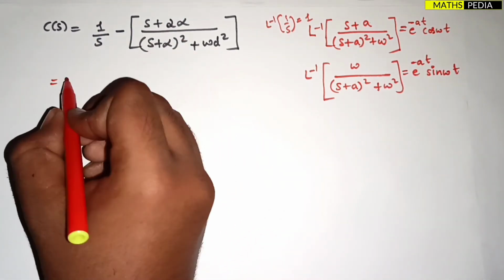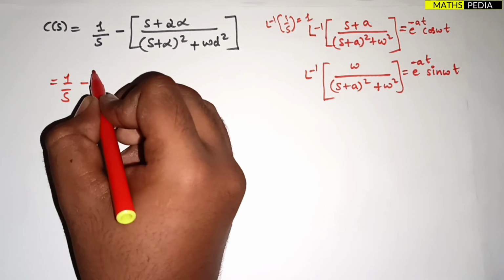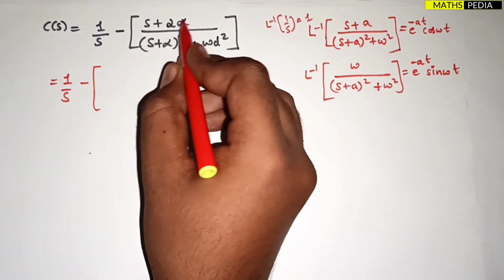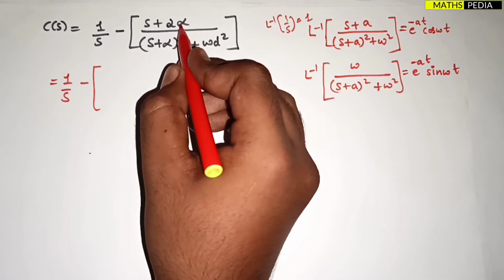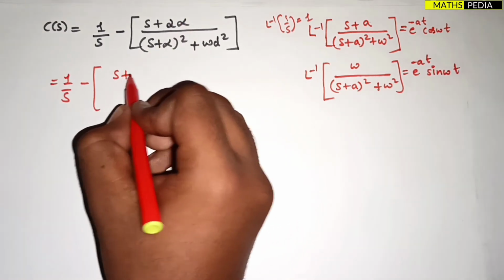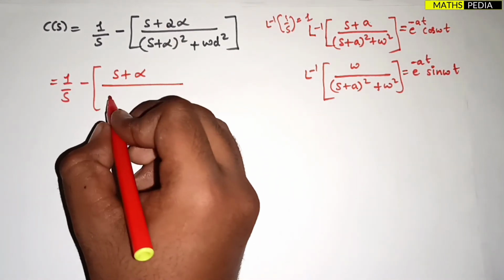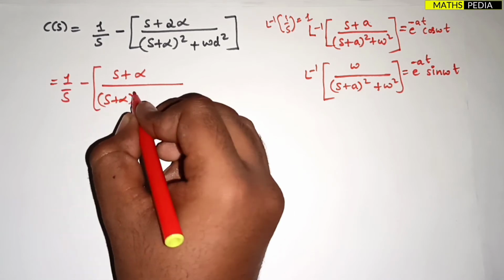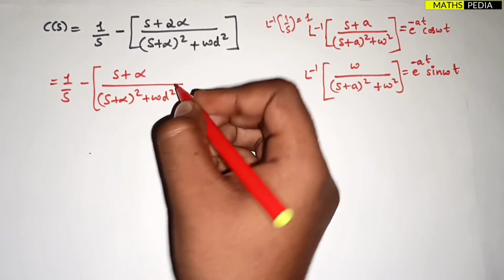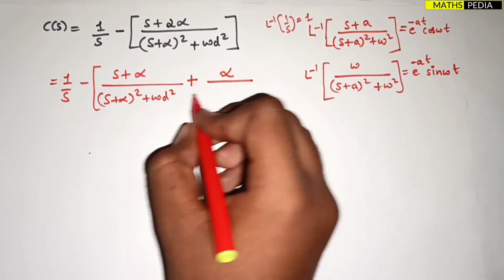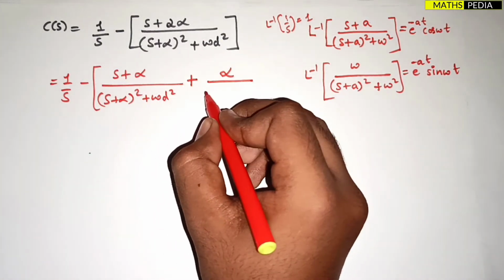So what happens, 1 by s as it is minus, carefully you see s plus 2 alpha is there. So what I'll do, I'll take 1 alpha here, that means s plus alpha, 2 alphas are there, right, divided by (s plus alpha) the whole square plus omega d square, plus one more alpha here. I'm just adjusting this equation, that's it.